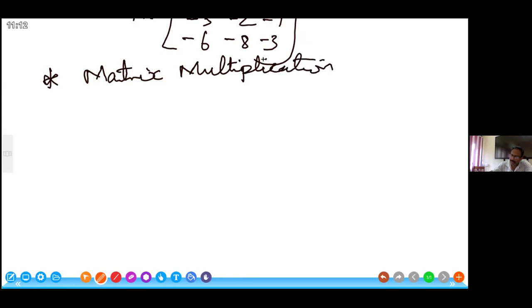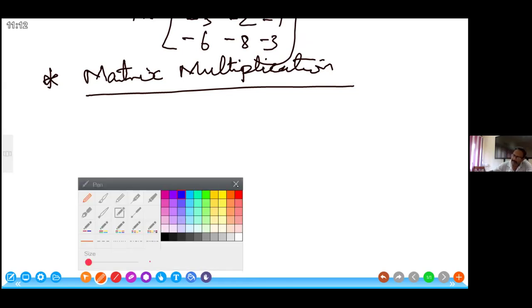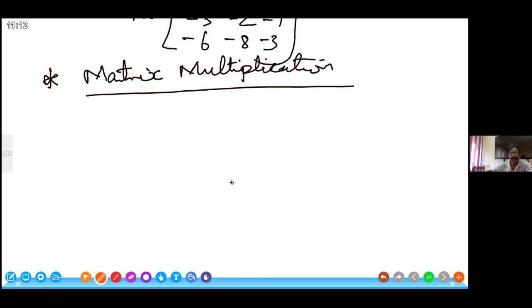When you multiply two matrices, there are certain things you have to consider, especially the number of rows and the number of columns. So how can we define matrix multiplication?